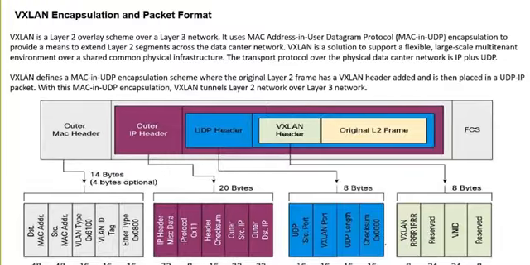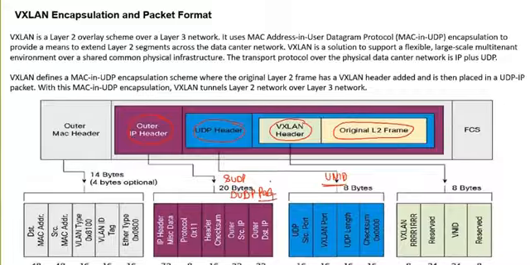So it is your original layer 2 frame, then your VXLAN header, then the UDP header, and then the IP header. The VXLAN header contains the VNID, I mean the VLAN ID, which in VXLAN terms we call a VNID. The UDP header contains the source UDP port and the destination UDP port.